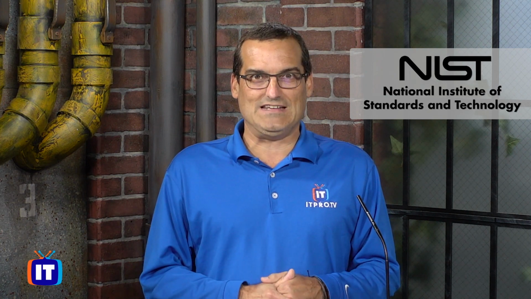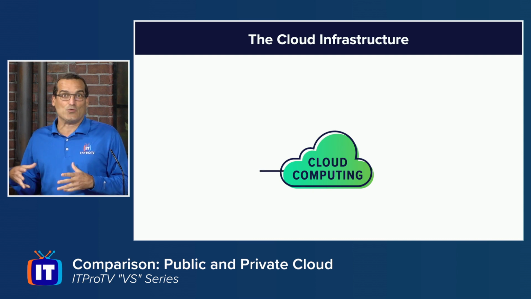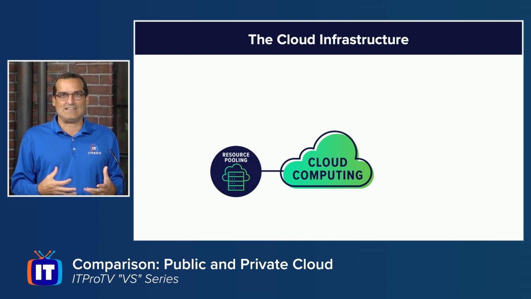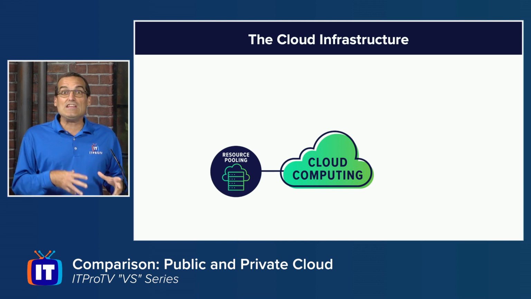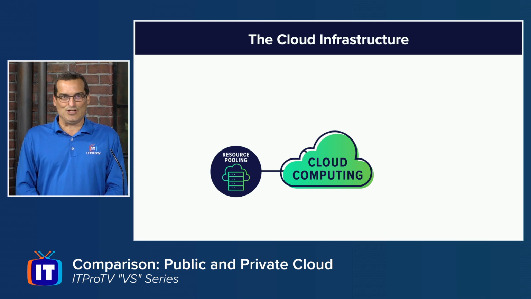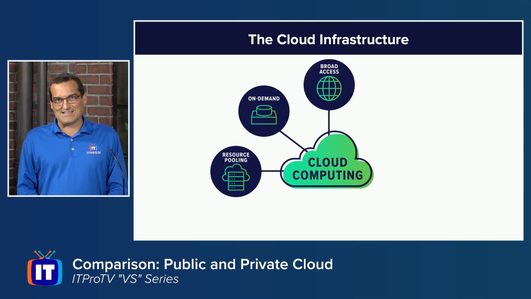5 different criteria. You should be engaging in resource pooling in order to take advantage of all that great hardware that you have. You should be able to make resources available on demand for your users. There should be broad network access to the data or the solution.